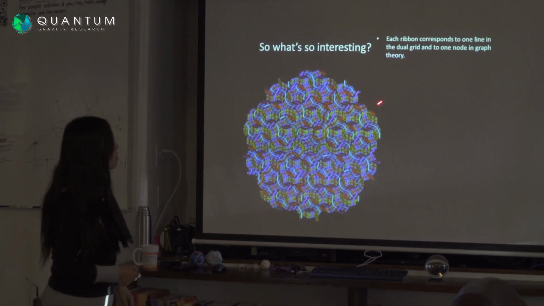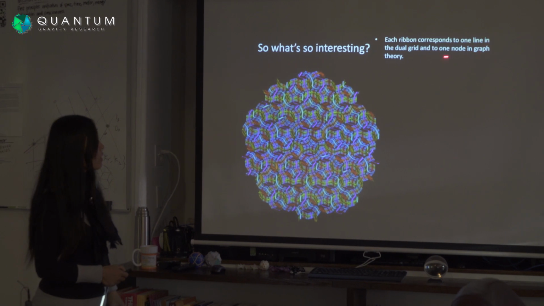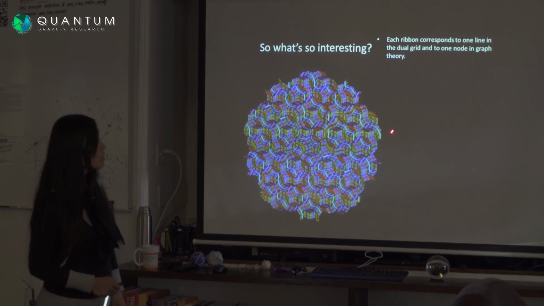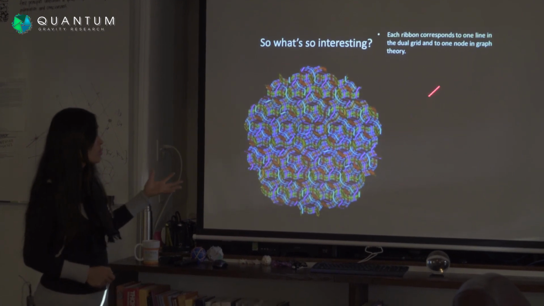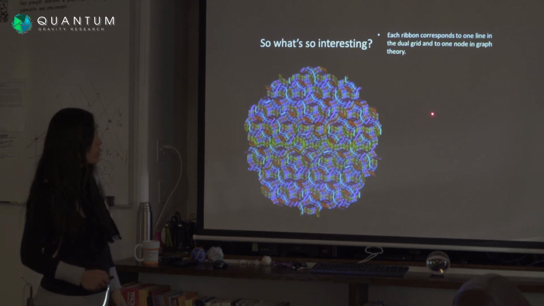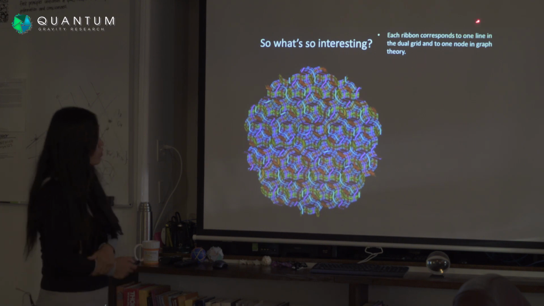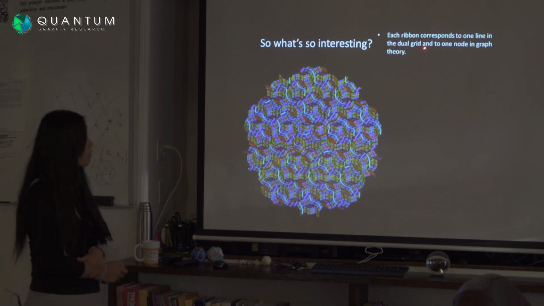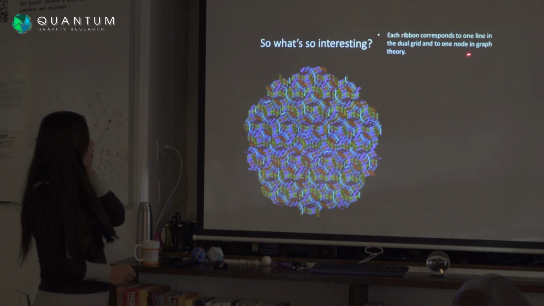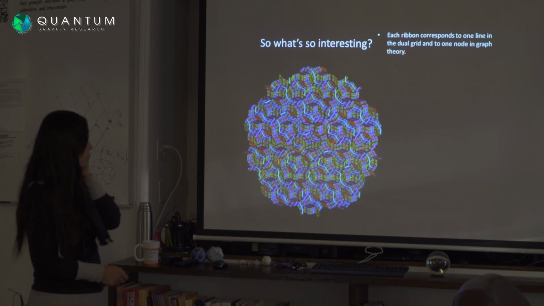So here, each ribbon corresponds to one line in the dual grid and to one node in graph theory. I'm trying to link this to graph theory. This is just my thought. If any of you have any input, we can talk about that later. So each ribbon we can think of as one line in the dual grid that we already know, and as one node in graph theory.